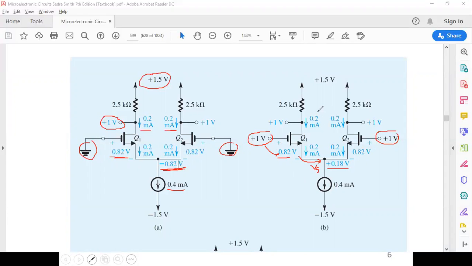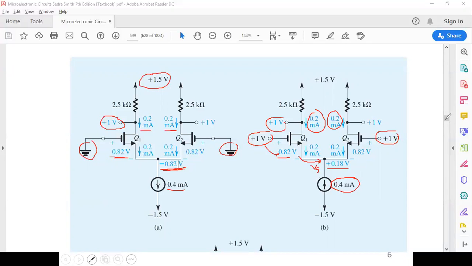Since nothing has changed, the tail current is 0.4, and this is divided into 2 halves. So you have 0.2 here and 0.2 here. The current doesn't change, and if the current doesn't change, the voltage here will not change. So even with the change of the input common mode, you don't have any change in the output. And this is the main idea for the differential pair to reject the common mode input.